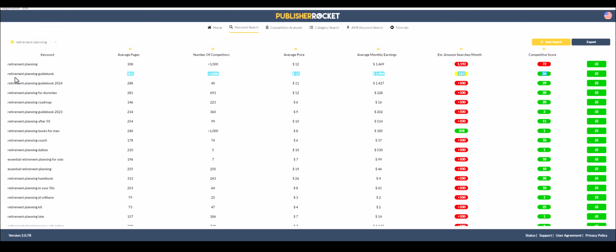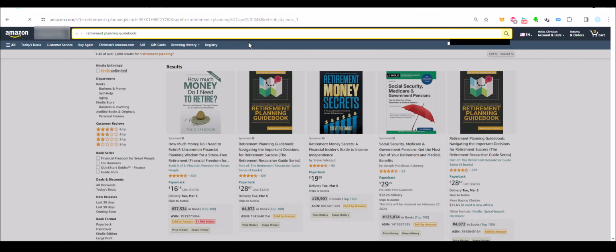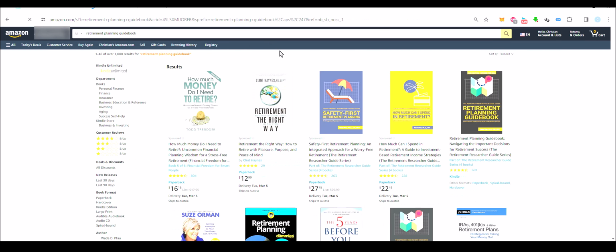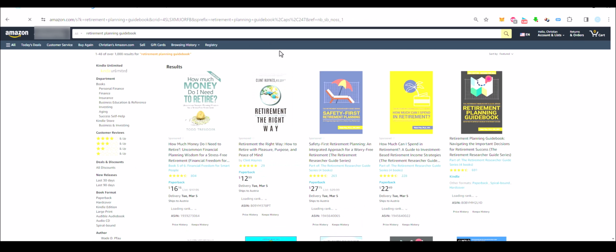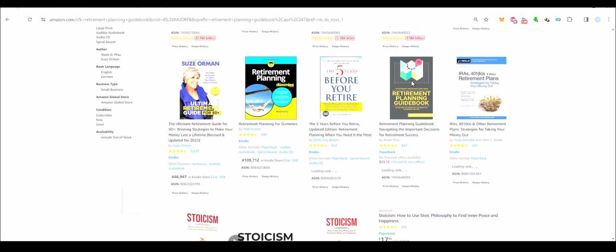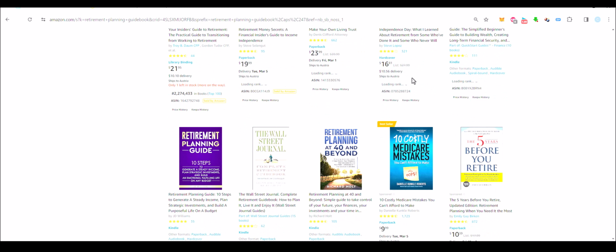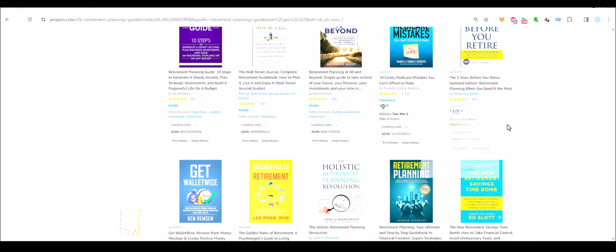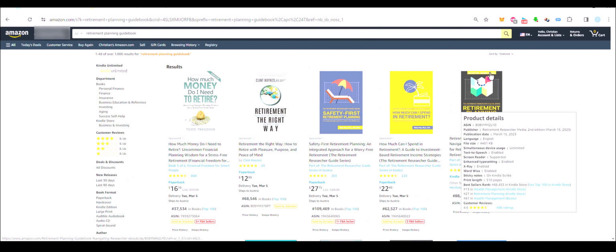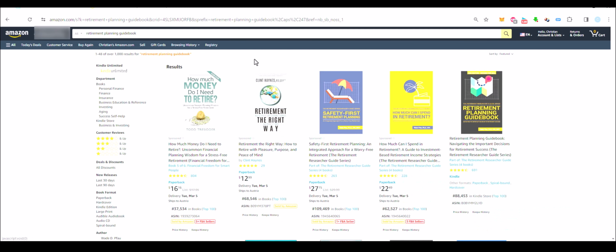And just to validate that this is not a protected trademark term, all right, so apparently this is a specific book that people are looking for, so I should not use this keyword.